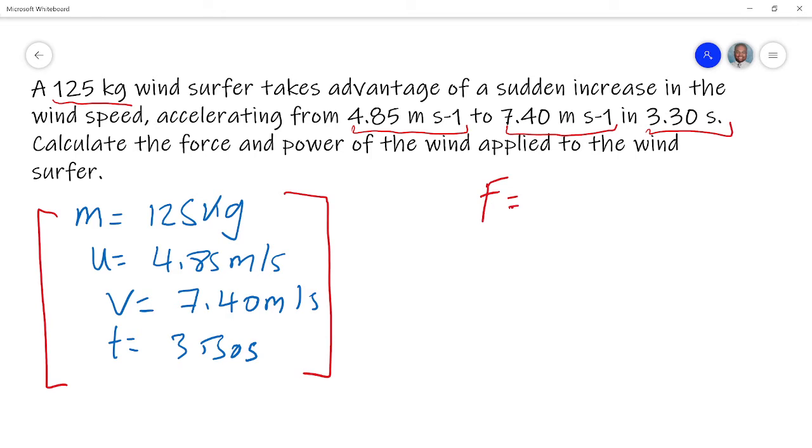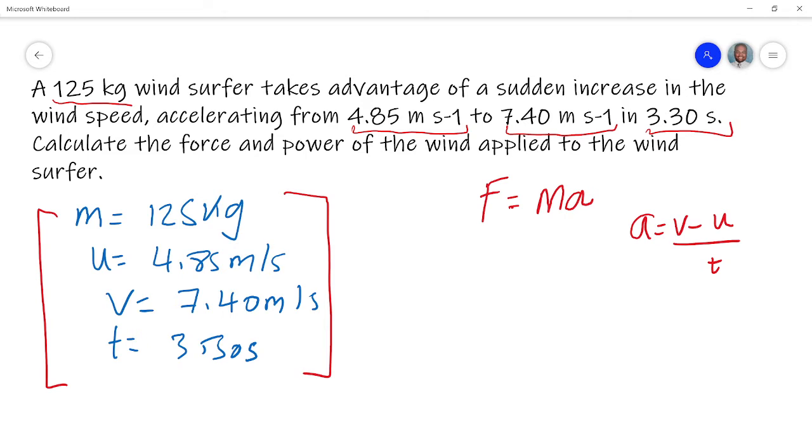To me, this formula is apt for this question. Now, we know very well that acceleration is v minus u over t. So in place of a, I can use v minus u over t, because there is final velocity, there is initial velocity, and there is time.